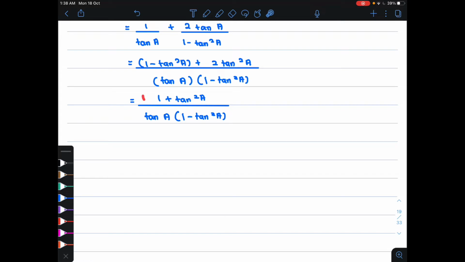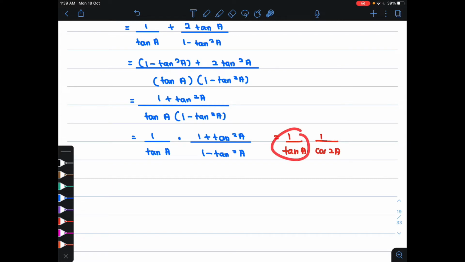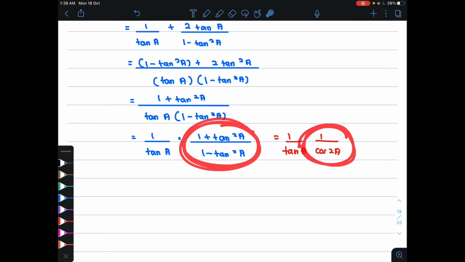Note that this is 1 times 1 plus tan squared A. So I'm going to separate it to become 1 over tan A times this fraction. So that's how you get 1 over tan A times 1 plus tan squared A over 1 minus tan squared A. So if we compare with the final answer, we have already found 1 over tan A. So now we just need to change this fraction to become 1 over cos 2A.